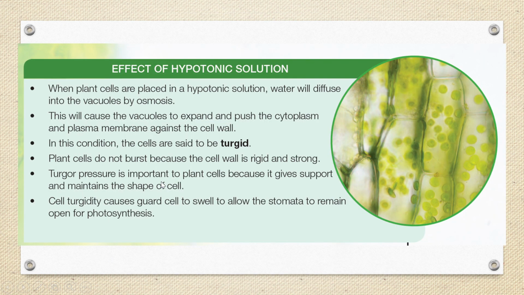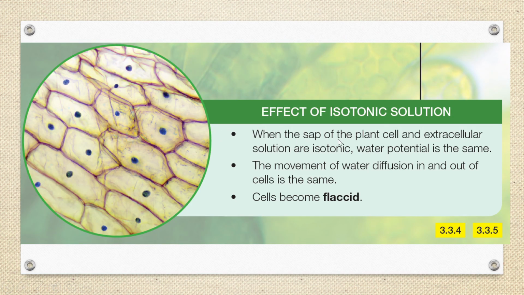For plant cells in an isotonic solution, the second statement is very important. You must tell them this to show that you understand water diffuses in and out, and they are the same. However, they are flaccid. This is actually their normal condition, but they are not wilting, they are not plasmolysed. This is just the correct term to use. And you must show that you understand the water potential is the same.